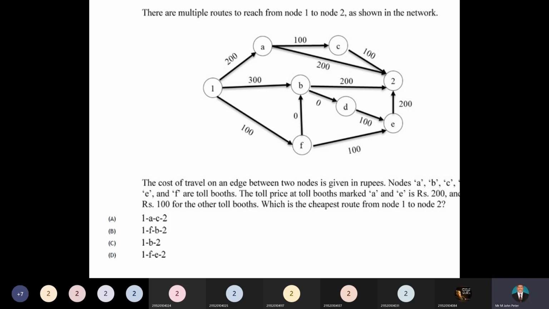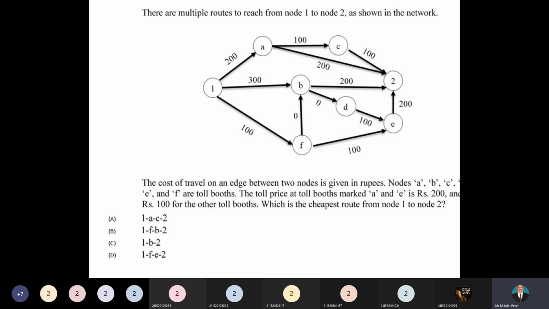Simple problem only. So 1 to B, then B to 2. Another one, 1 to B, B to D, D to E, E to 2. Otherwise, 1 to F, F to B, B to 2. Otherwise, 1 to F, F to B, B to D, D to E, E to 2. Otherwise, 1 to F, F to E, E to 2. These are the possible routes.